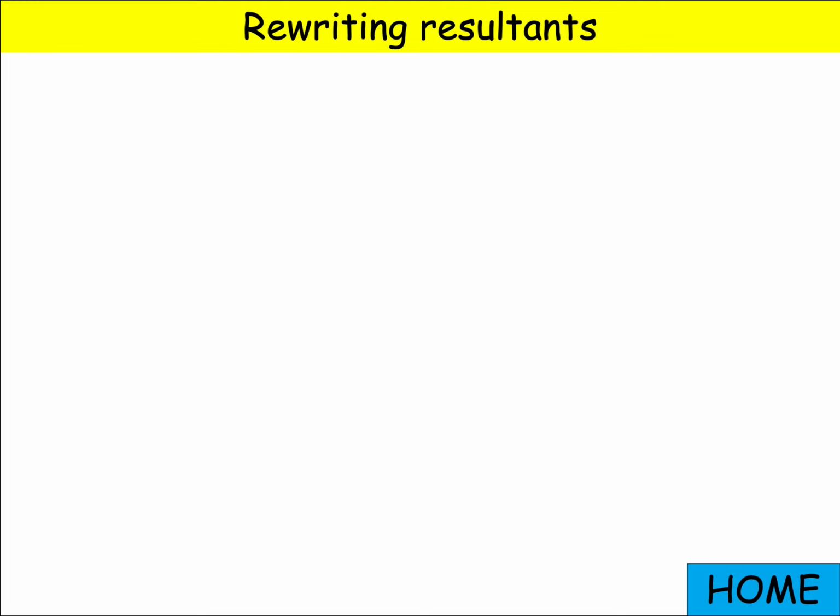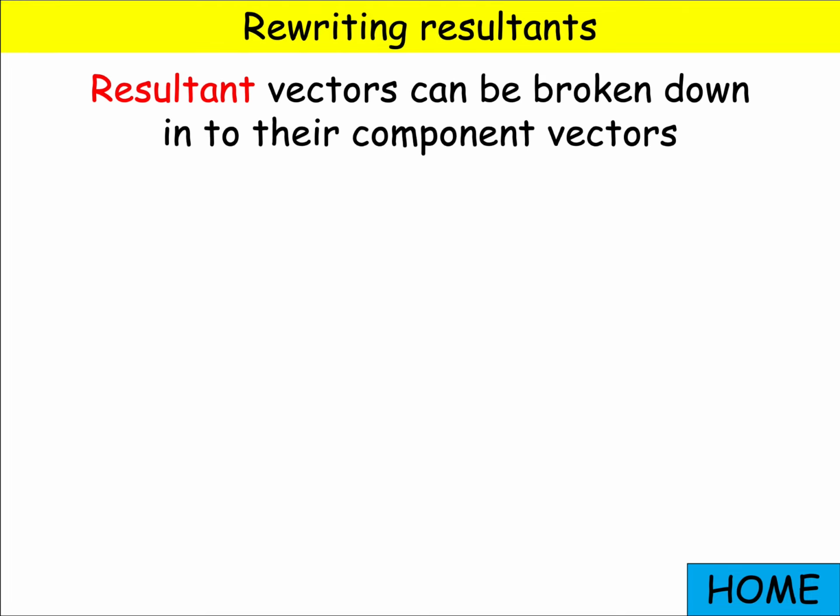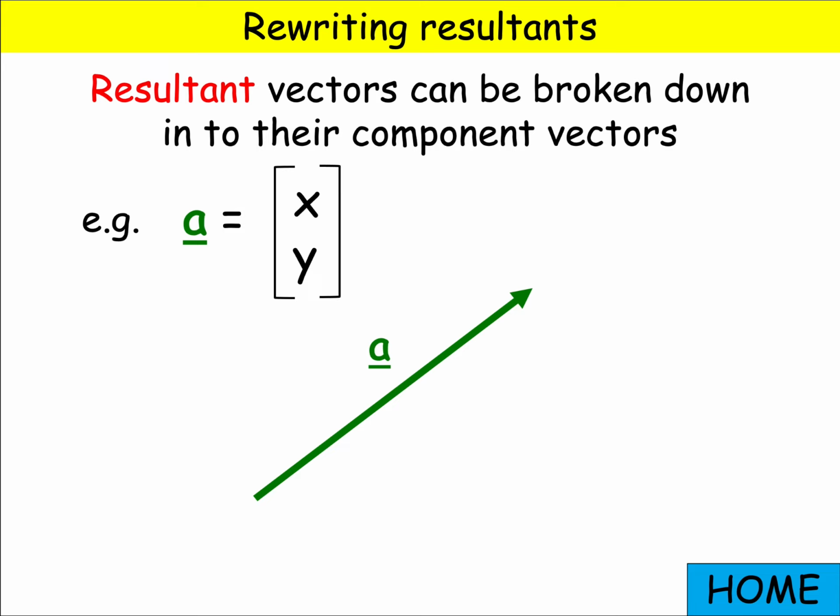Rewriting resultants. Resultant vectors can be broken down into their component vectors. E.g., little a is equal to the column vector (x, y). That is the vector x in the x direction and the vector y in the y direction.